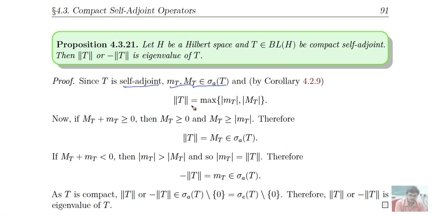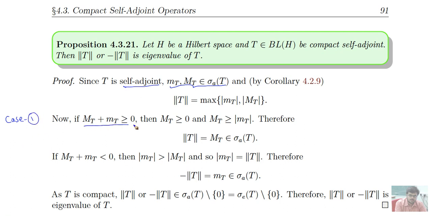And also we have norm T equals, by this corollary, the maximum of the modulus of m(T) and M(T). So now we have two cases. We have to show that either norm T or minus norm T is in sigma_a(T), then we are done, because it is compact, sigma_e(T) equals sigma_a(T) by the previous result, right?